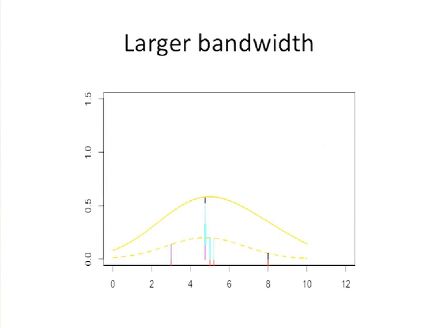My observation at 3 and my observations at 5 and 5.2 contribute nearly the same amount. So that's sort of saying, I'm really not sure where the real data are, so I'm going to smooth things out a lot. That's what's going on here. And so you've got a much flatter density plot.